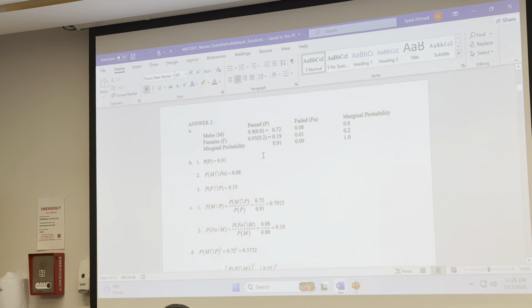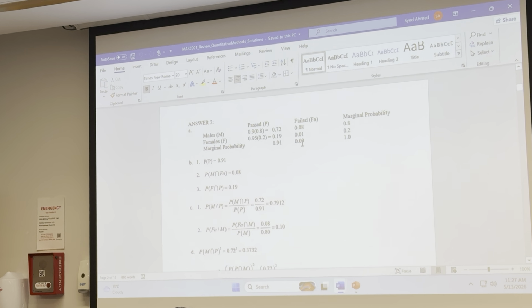In terms of numbers, how many students passed the course? 91. How many of these were male? 72. 91 passed the course, 72 were male. These 72 are males who passed the course.